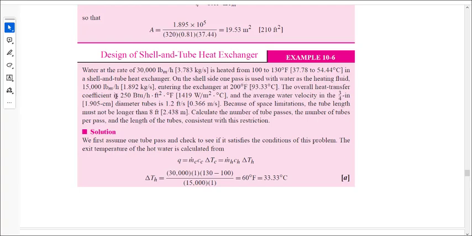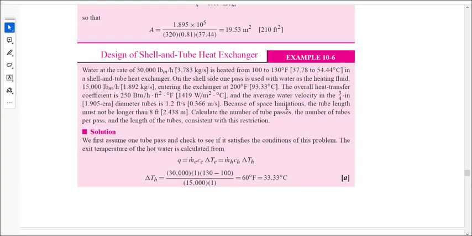The overall heat transfer coefficient is 1419 watt per meter square degrees Celsius, and the average water velocity in the 3/4 inch tubes, which is 1.9 centimeters in diameter, is 0.366 meter per second.